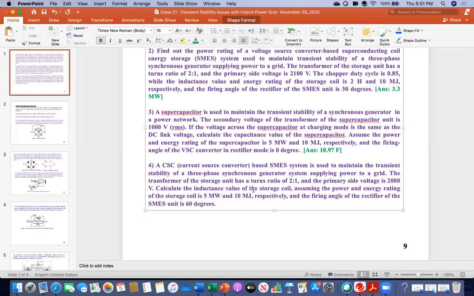So can everybody do number 4? In this case, what should be the inductance value? You have to find out the L value of the coil.